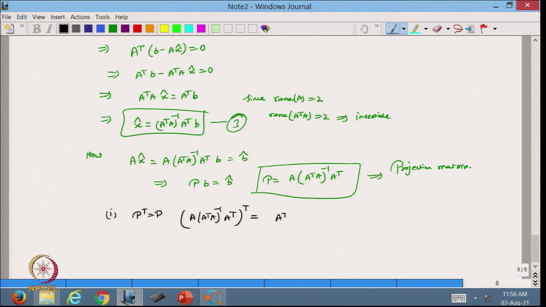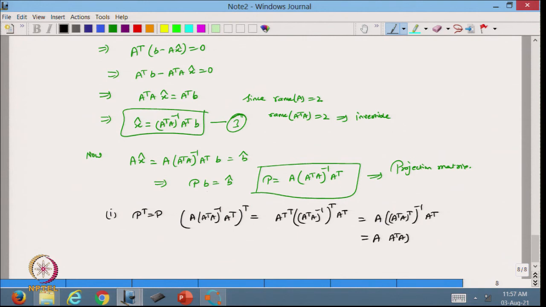This can be written with the transposes applied in reverse order, giving A, then the inverse transposed, then A transpose, and A transpose A is symmetric, we already know.